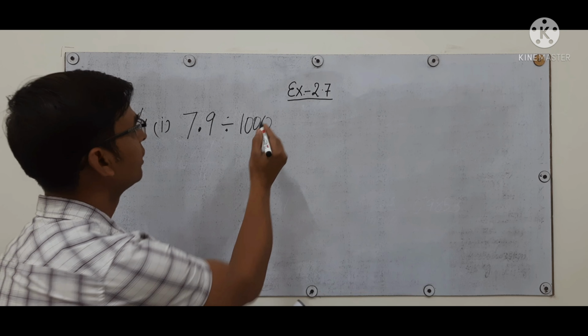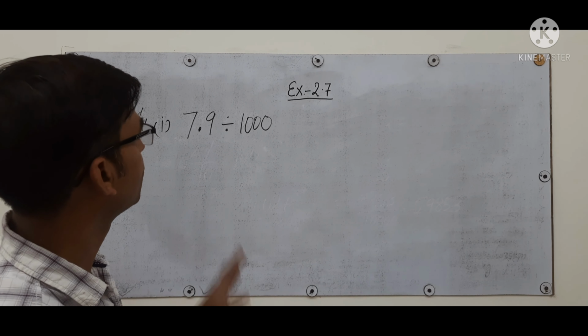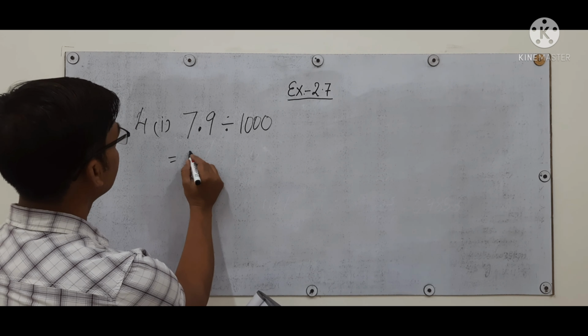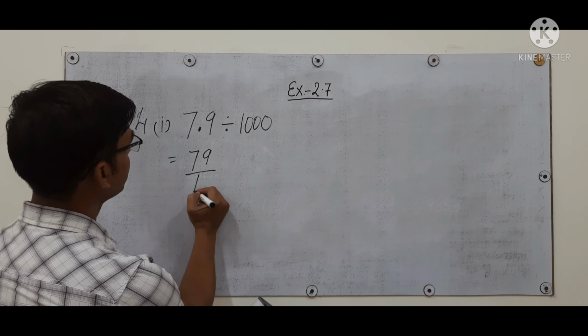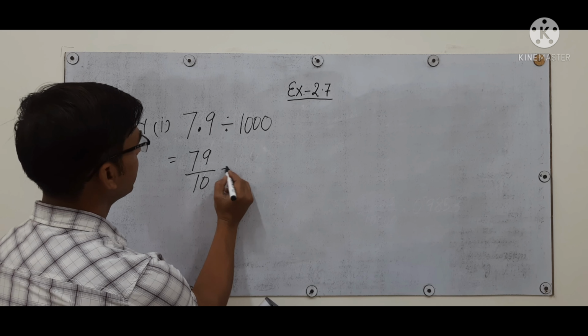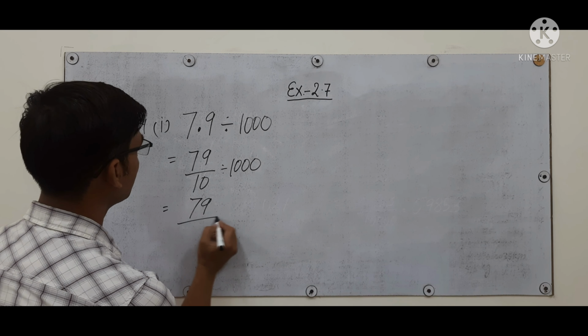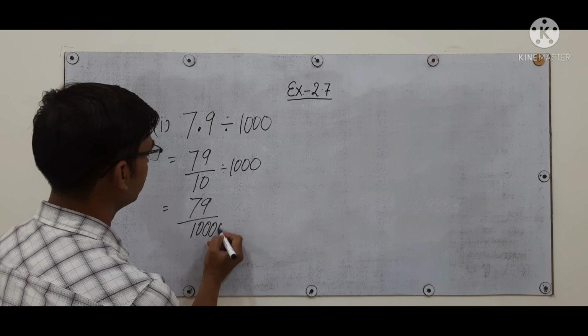Here the number of zeros in the denominator is increasing. So first of all we will replace its decimal, and it will be 79 upon 10 divided by 1000, or we can write it as 79 upon 10,000.